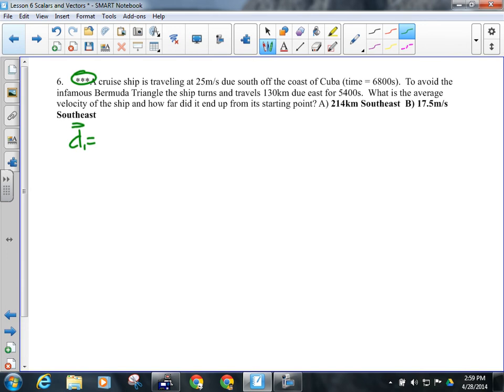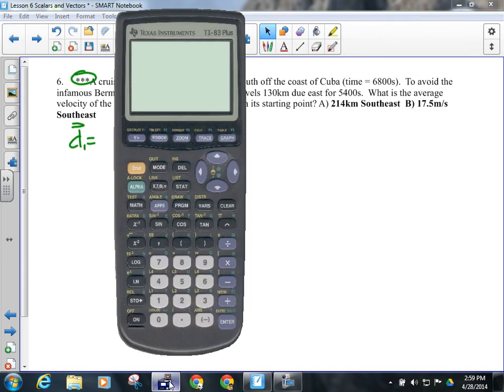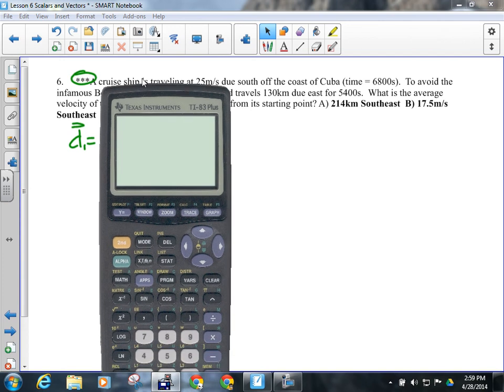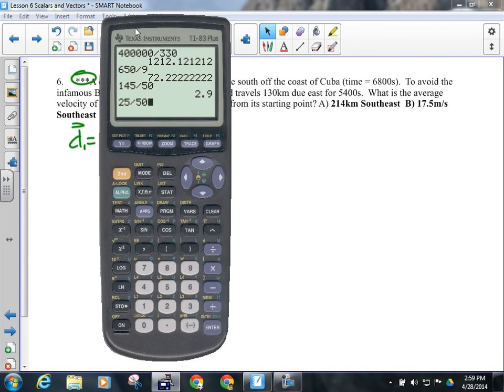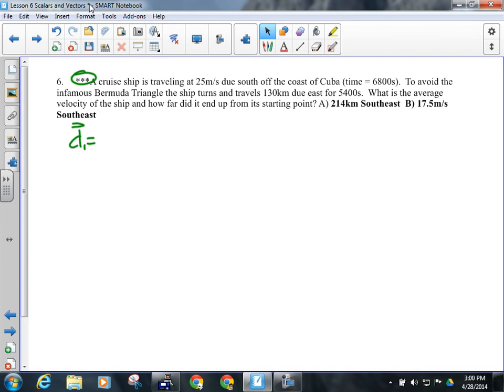So the first displacement, I'm going to take the 25 meters per second and multiply by 6,800. Sorry, 25 times 6,800 gives us 170,000 meters south.